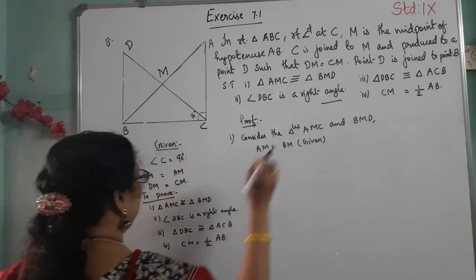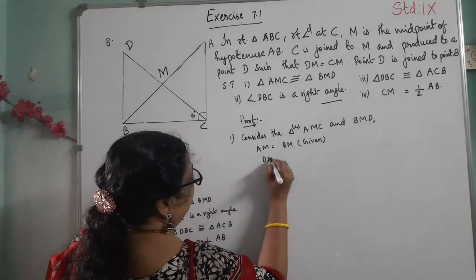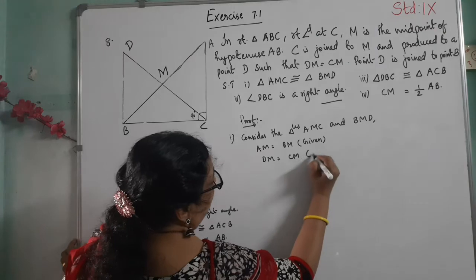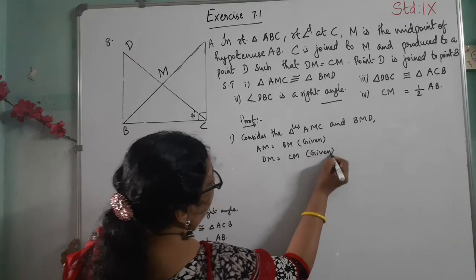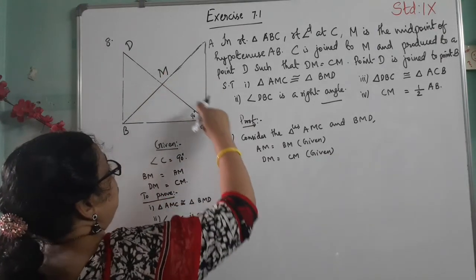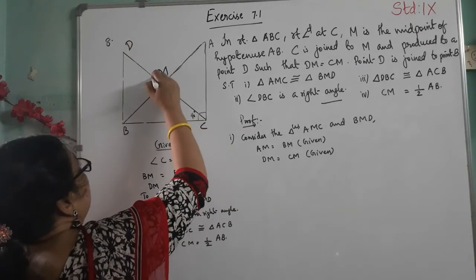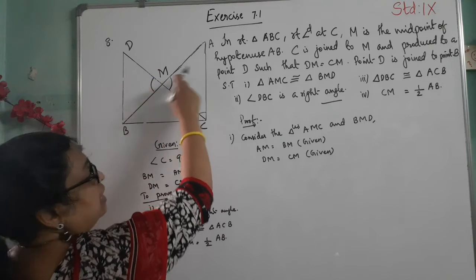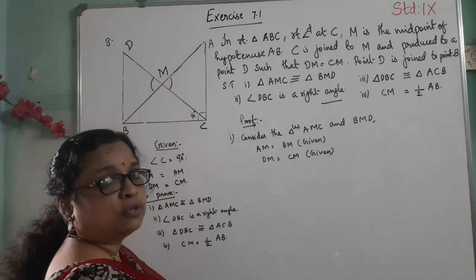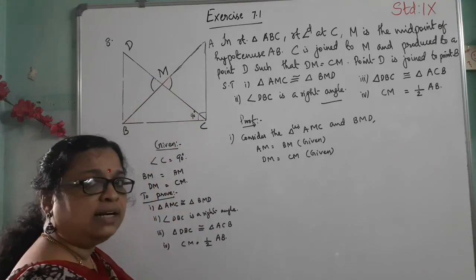DM equal to CM, that is also given. Then here angle AMC, this angle, and DMB, this angle. What about these two angles? These two angles are vertically opposite angles. We know that vertically opposite angles are equal.